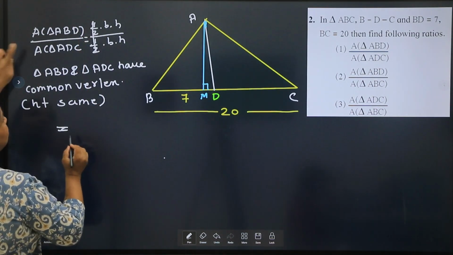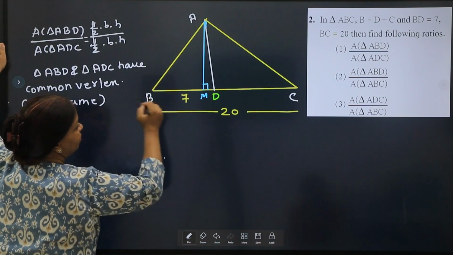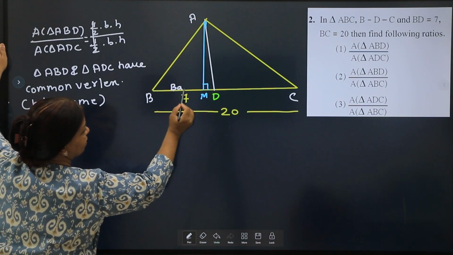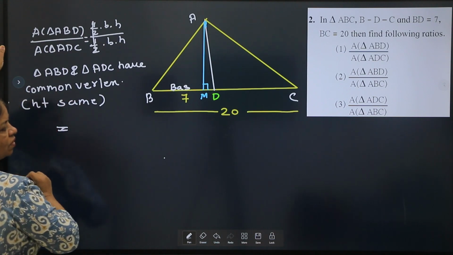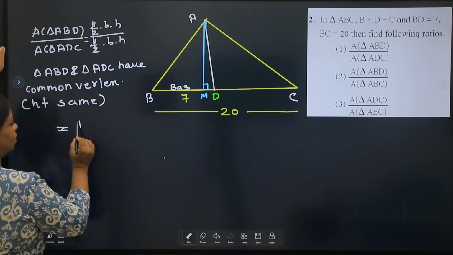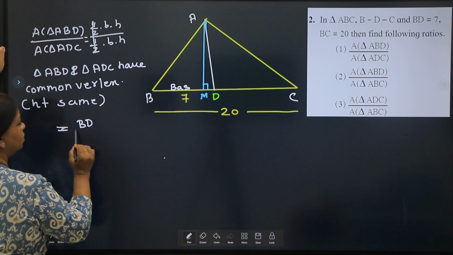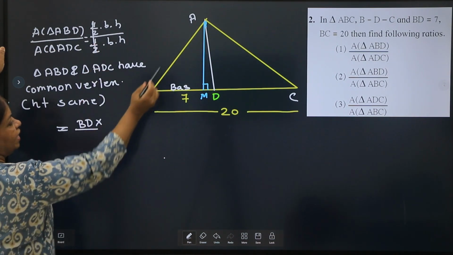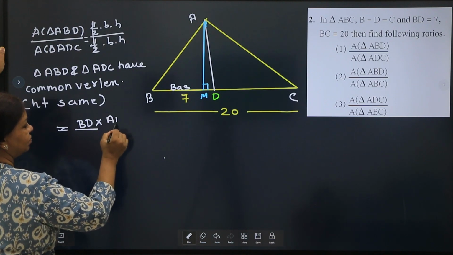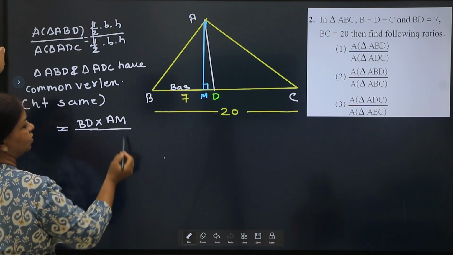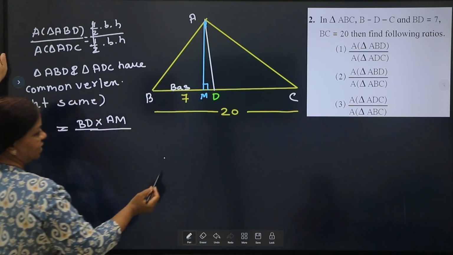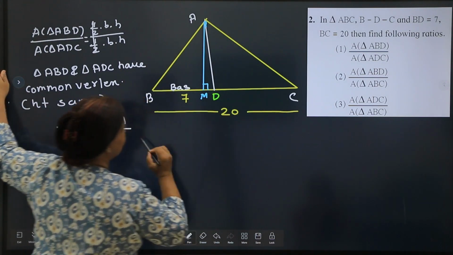What is the base of ABD? ABD base will be this, that is BD. Okay, BD upon BD into height. Height is what? AM, upon ADC. What is the base? DC.